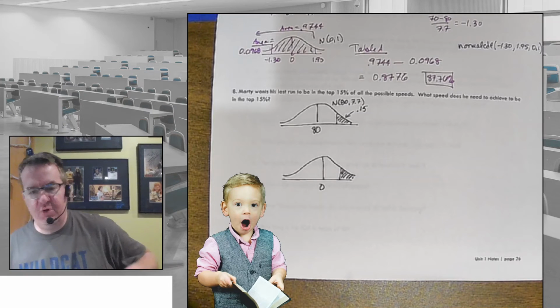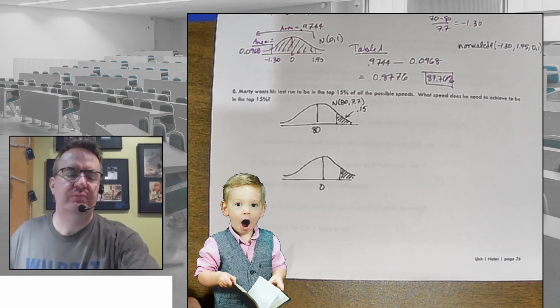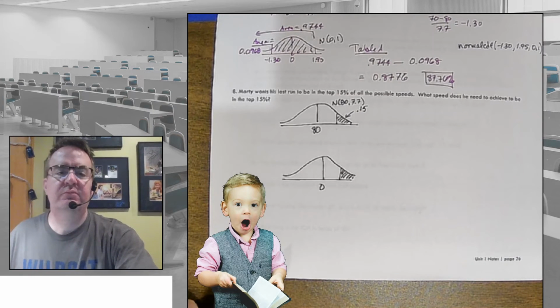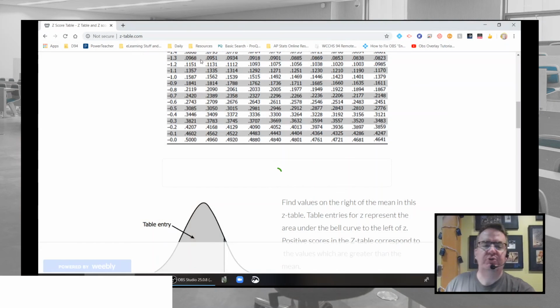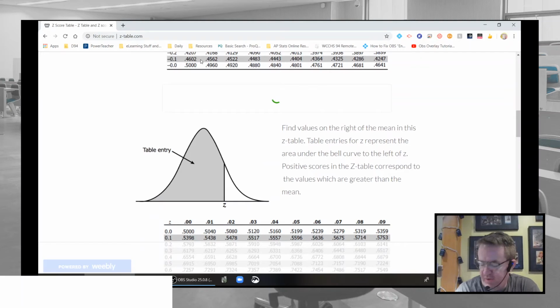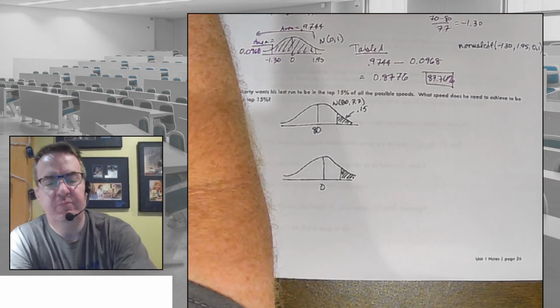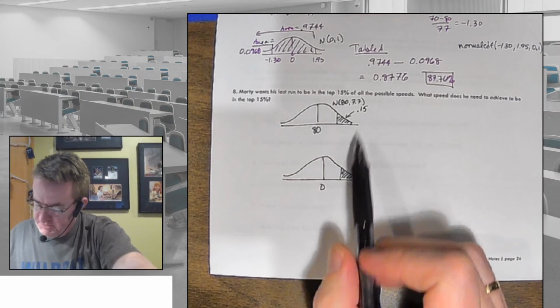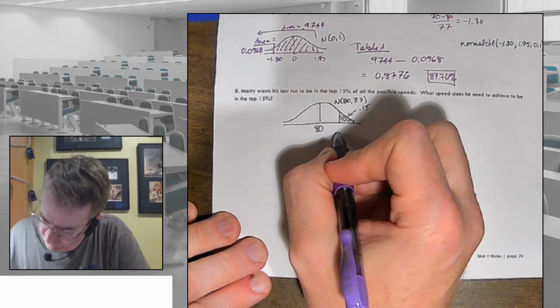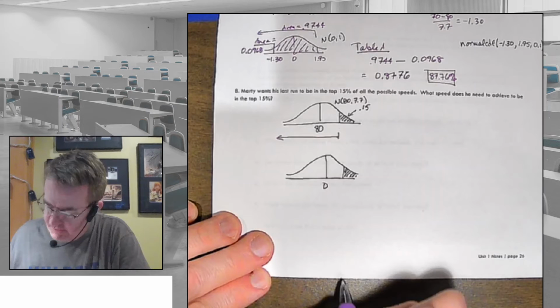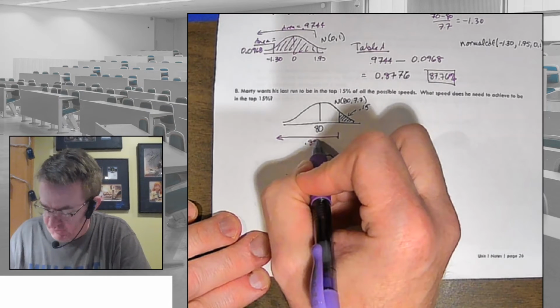Easy. So if you go back to table A, I want 15%. So if I want 15%, I'm sorry, let's go back here quick. If this is 15%, how much is on this side? That's going to be 85%.